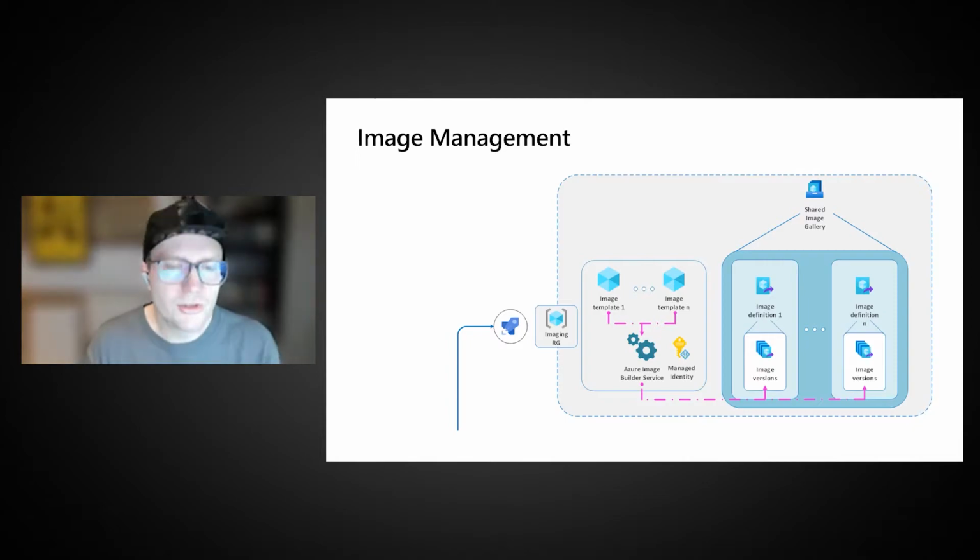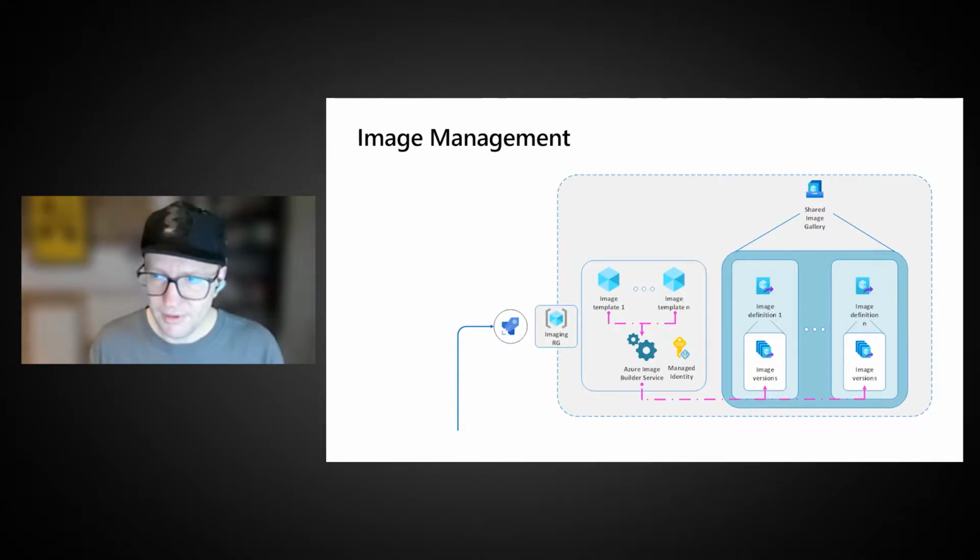Shared image gallery is super useful because it will take care of the replication of that image around the globe, but also the versioning of that image. So you can pick whatever version of that image you like. You can roll forward, roll back, and do that from anywhere in the globe.